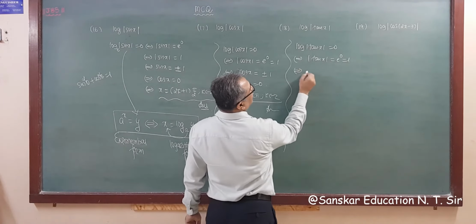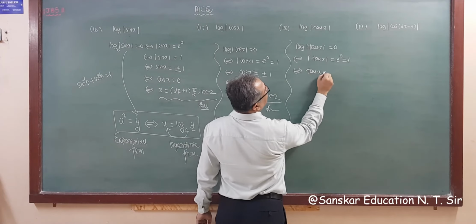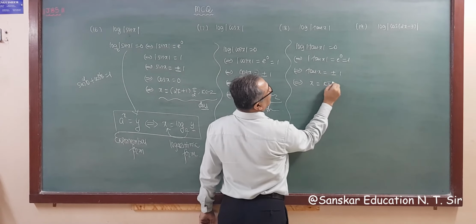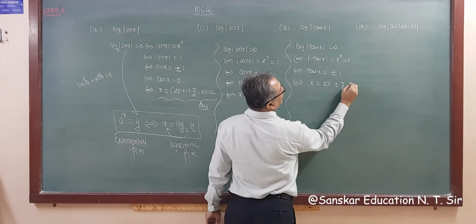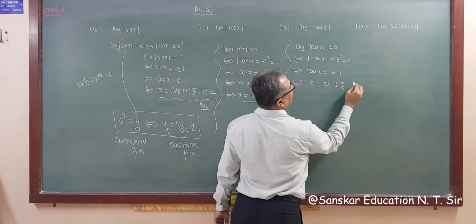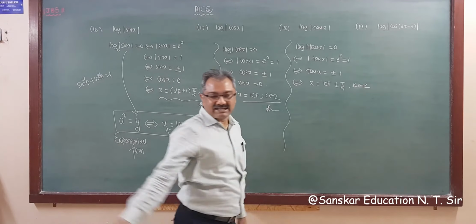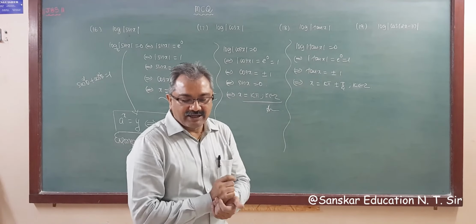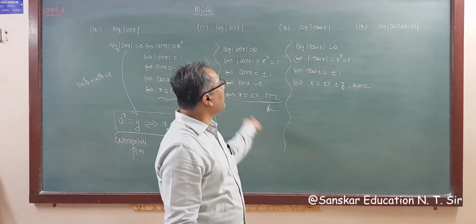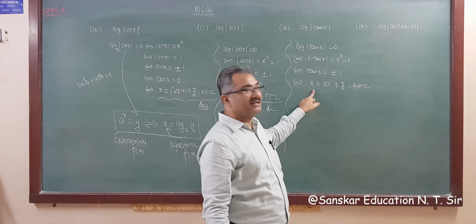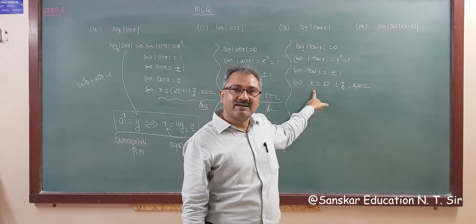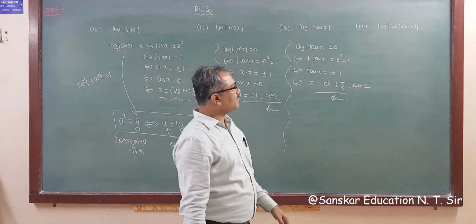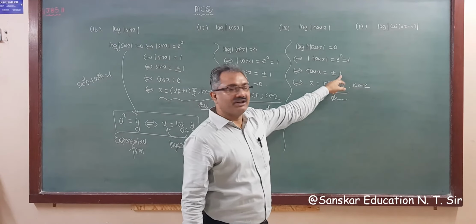So this implies 10x is equal to plus or minus 1, and for this x is equal to k pi plus or minus pi by 4, k belongs to Z. This is the given: x is equal to k pi, k belongs to Z. So the set of zeros for 10x is k pi plus or minus pi by 4, k belongs to Z, right? So this is your answer, because 1 is for pi by 4, that you know.